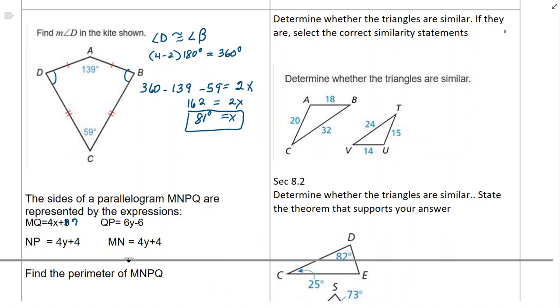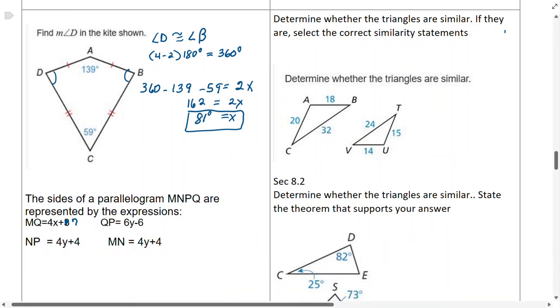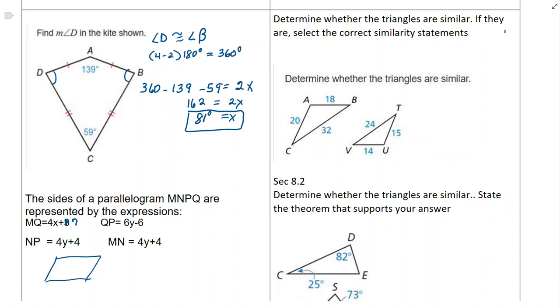All right. So we've got a parallelogram. That means opposite sides are congruent. So I'm going to draw it. And remember, it's M, N, P, Q when you write it out.